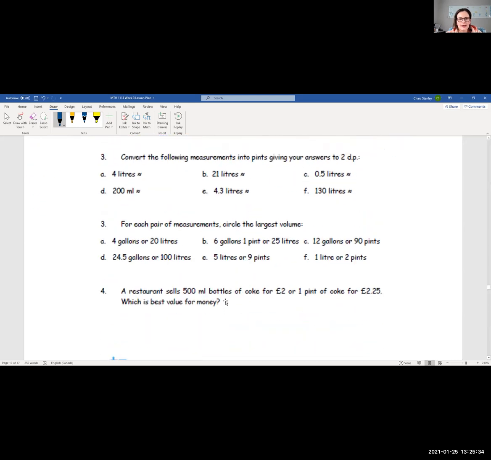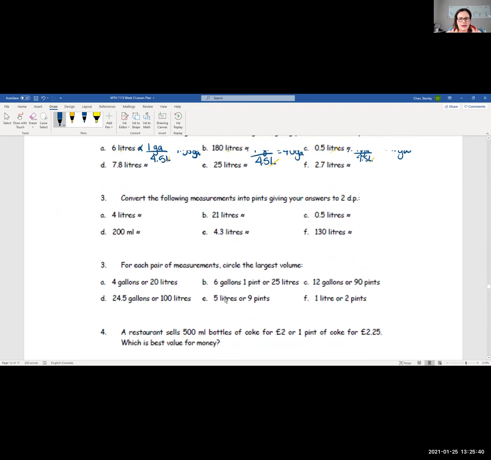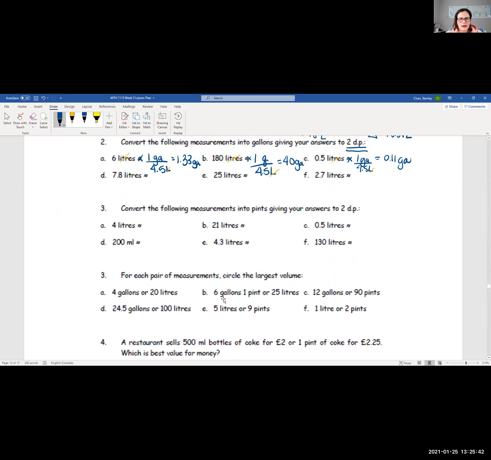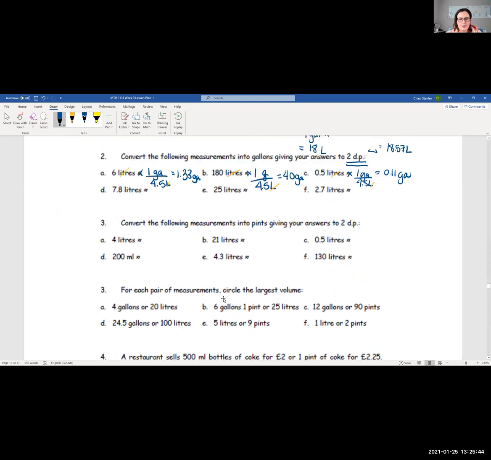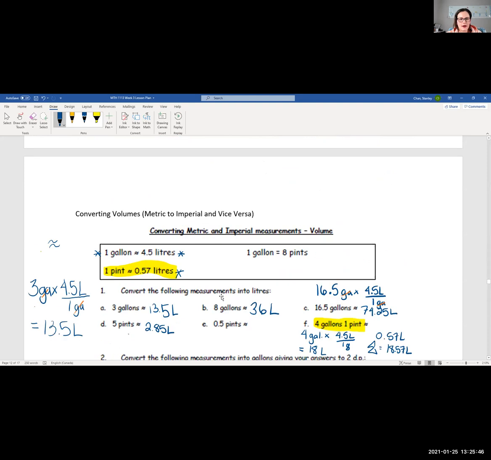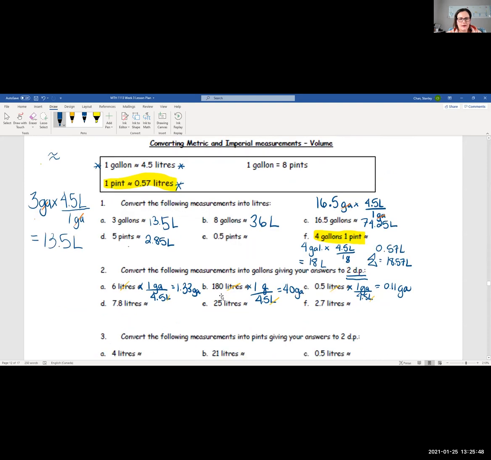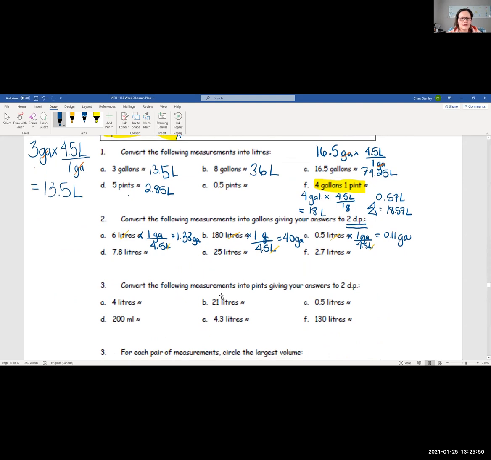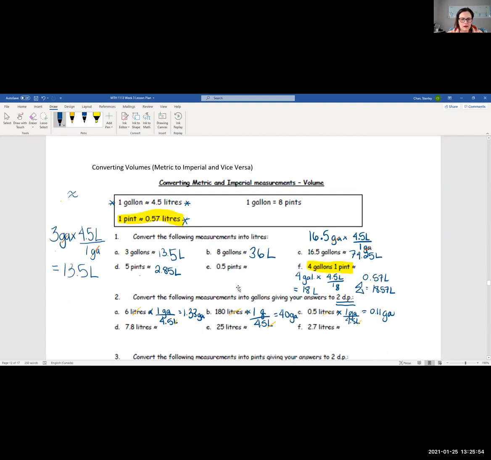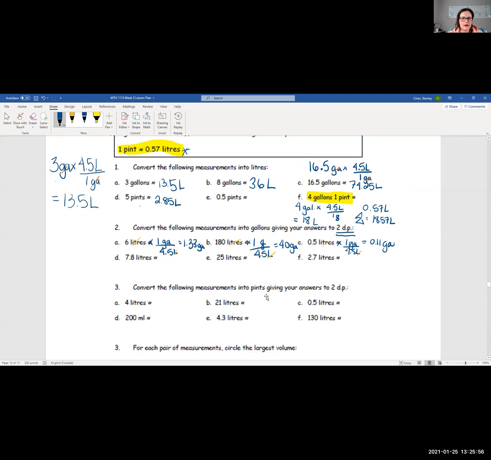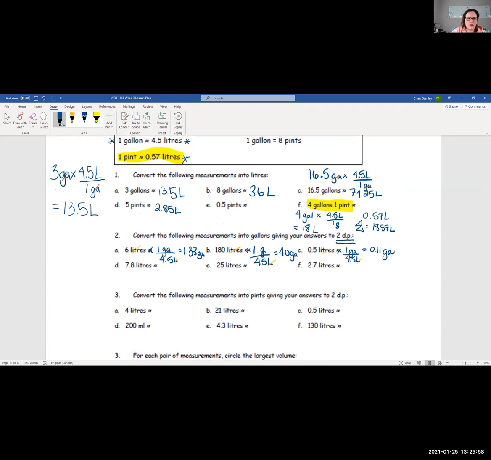All right. Convert the following measurements into pints, giving your answers to 2 decimal places. So liters to pints. What is our conversion factor? It's 0.57 liters equals 1 pint. So what we do here is we set it up.